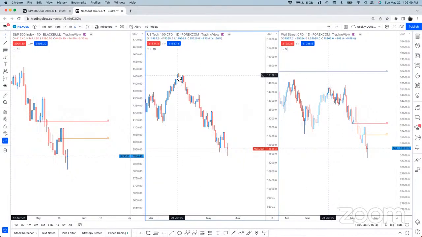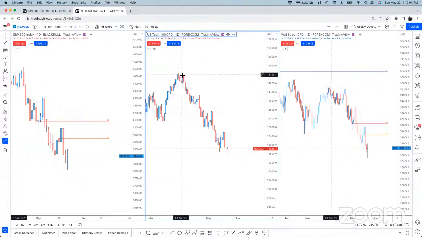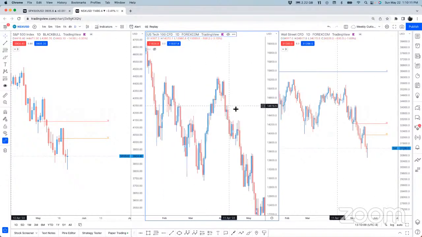That's the kind of thing you want to look for. Are we making lower highs on NAS, US 30, SPX, and NAS 100? In this case, here's that lower high. The initial high was here. The lower high was here. And it gave you a fair value gap as well.